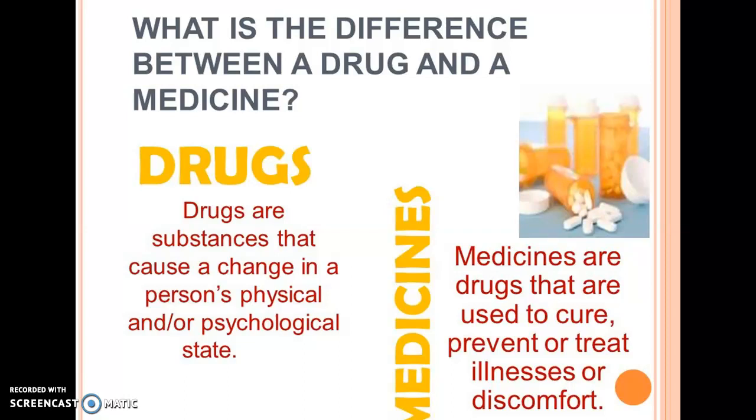So in future, whenever you use the word medicine, you should be very clear: medicines are drugs, and drugs are used to cure, prevent or treat illness or discomfort in a patient.